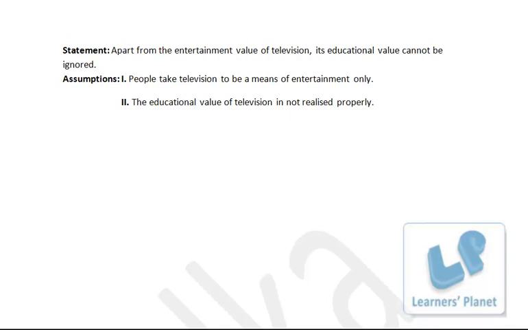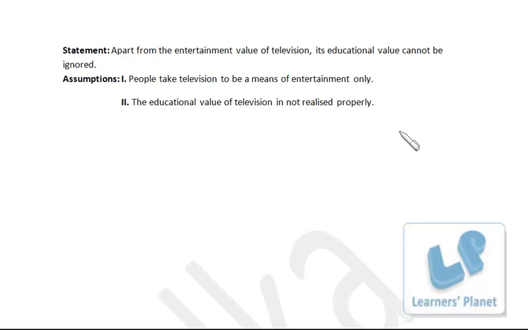Now we have this statement over here. Apart from the entertainment value of television, its educational value cannot be ignored. Now the first assumption, people take television to be a means of entertainment only. Friends, if we read the statement carefully, this part, its educational value cannot be ignored, gives a sense of negativity.